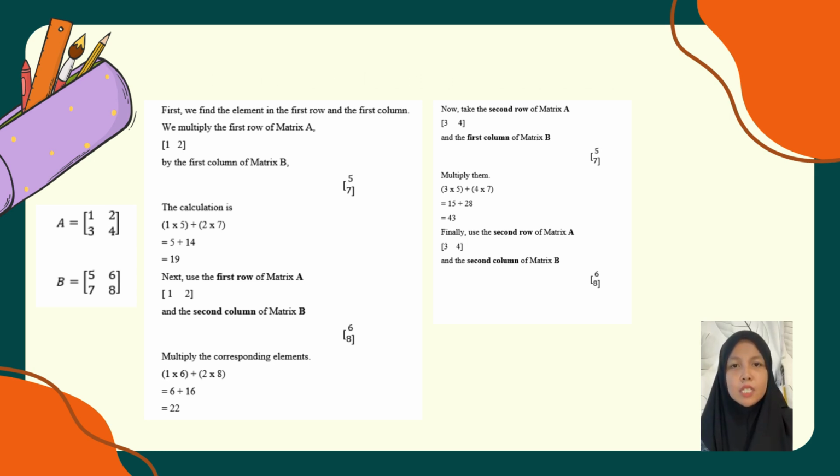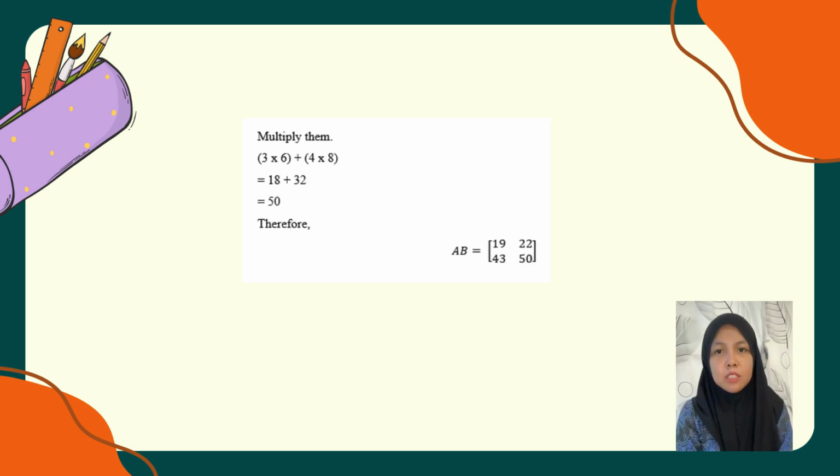Finally, use the second row of matrix A, 3, 4, and the second column of matrix B, 6, 8. Multiply them. 3 multiplied by 6 plus 4 multiplied by 8 equals 18 plus 32 equals 50.